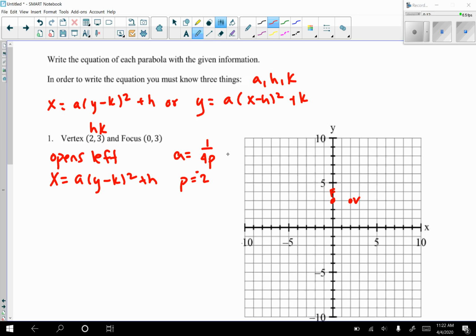Or you could just use 2 and remember to make that a value negative because it opens left. So in this case, a is equal to 1 over 4 times -2, which gives me -1/8. So we get x equals -1/8 times y minus, in this case, our k value, which is 3, quantity squared, and then our h value in this case is 2, so plus 2.